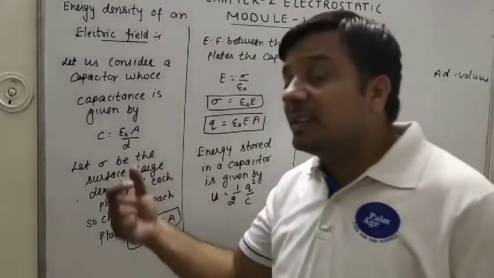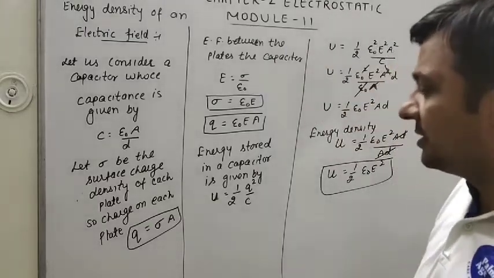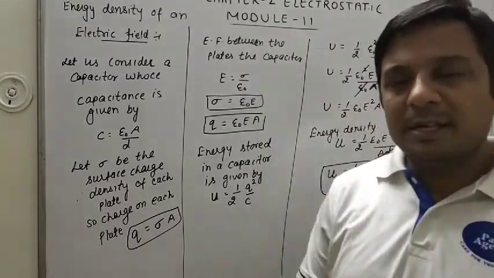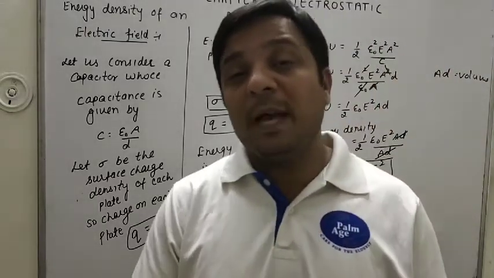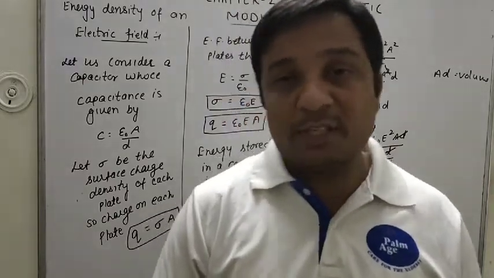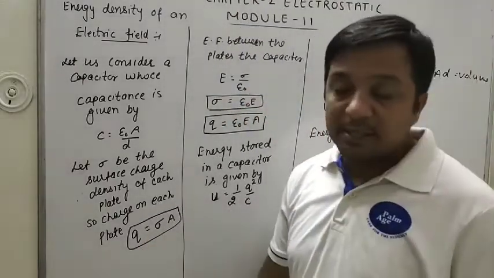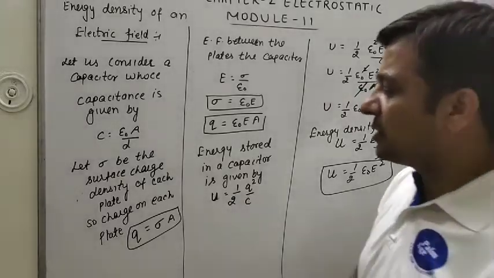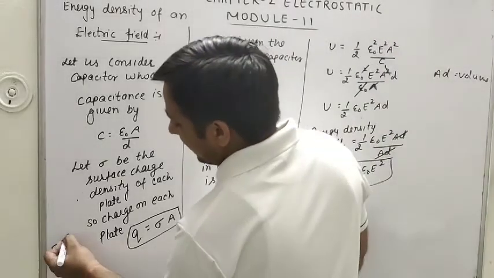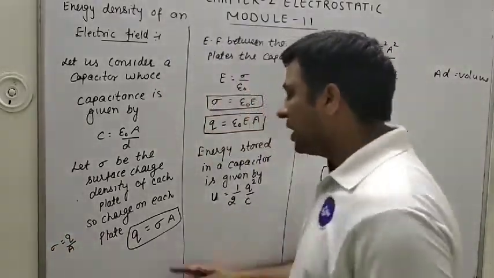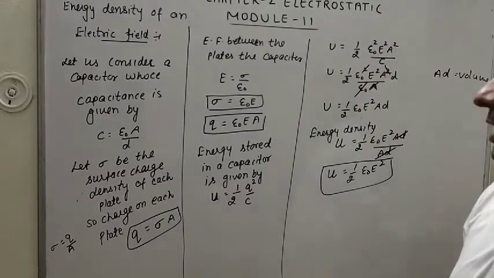D is the distance between the plates. Now because the plates are charged, there is surface charge density, and you know the formula of surface charge density, sigma is equal to charge upon area. So charge becomes sigma into A.